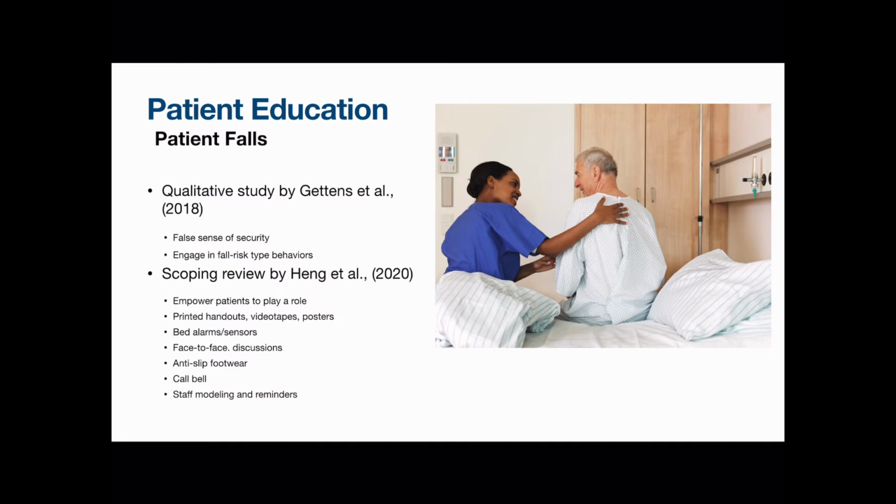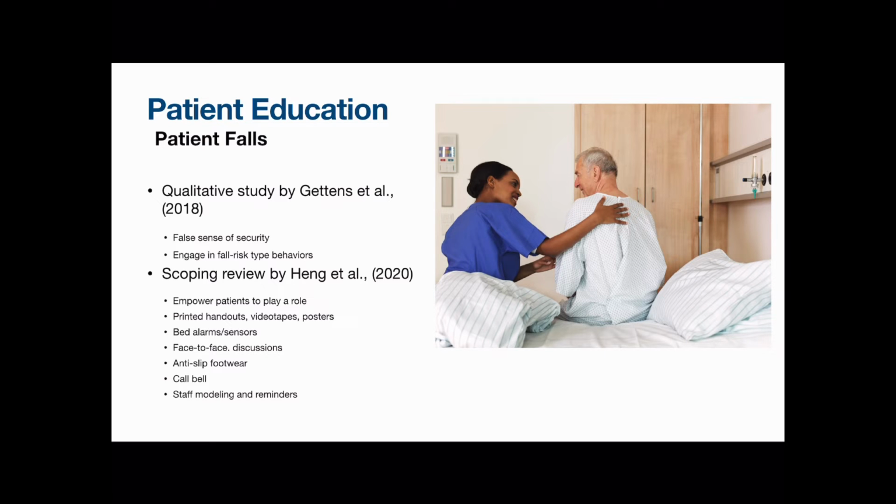Also, a scoping review that was done by Hang and his colleagues in 2020 suggests that a well-designed patient education program should be in place to help increase knowledge and fall risk awareness and help empower patients to be able to play a role in prevention measures and also comply with prevention interventions that are already in place.